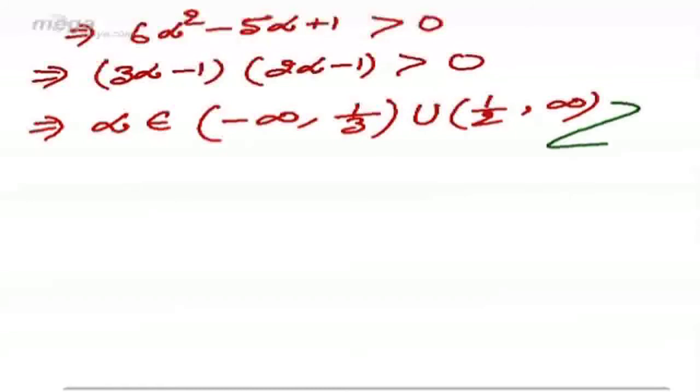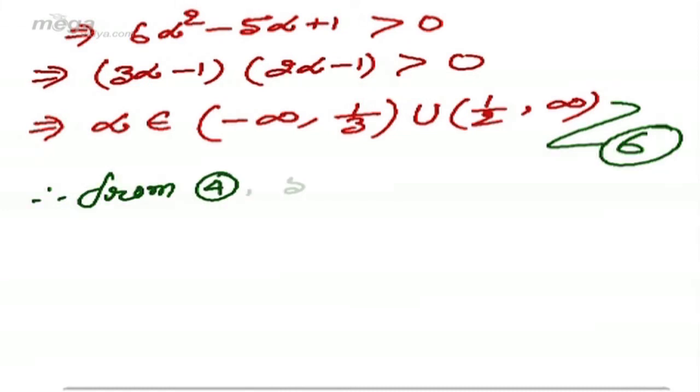Now we will consider this as equation number 6. Now, because in all of these three cases the alpha should satisfy all of these three, it means we will find the intersection, the common region, the common value for alpha from equations number 4, 5 and 6.